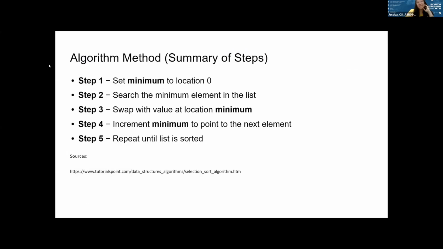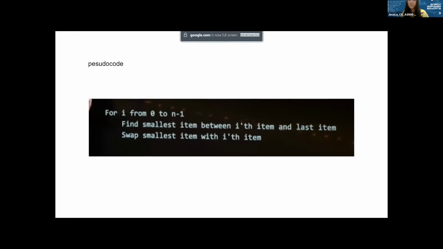So basically, here's a rundown of the algorithm. For i from 0 to n, here we set the counter i as 0, and then we move up each element, incrementing by 1, all the way to n minus 1.